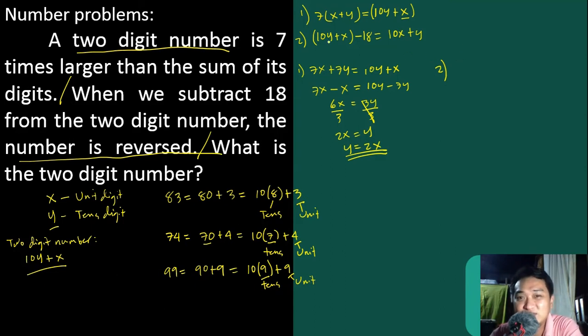Ayan. So here we are going to remove the grouping symbols, and since yung grouping symbol nandito naman sa left, safe nating i-remove. That becomes 10y plus x minus 18, sa kabila that is 10x plus y.